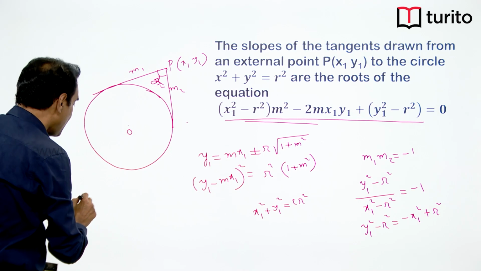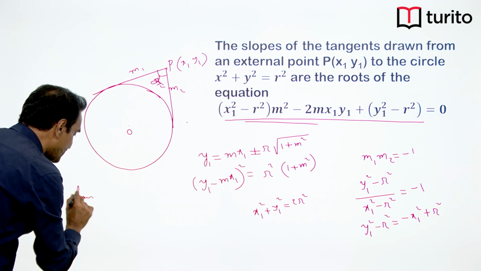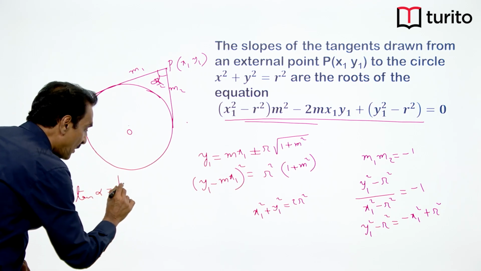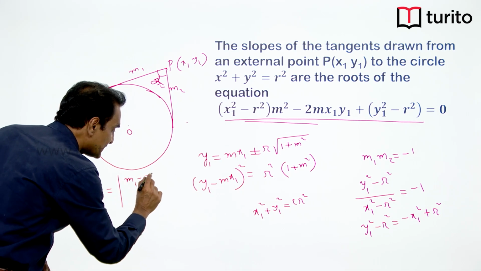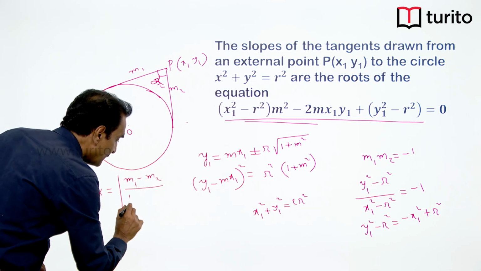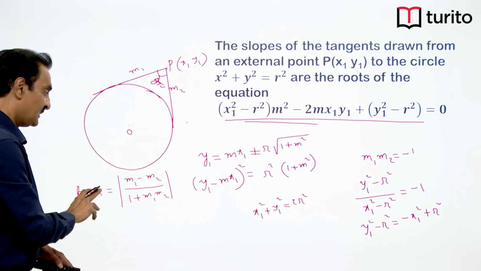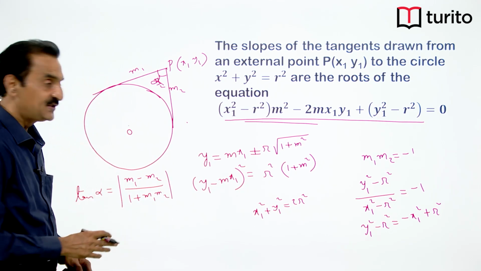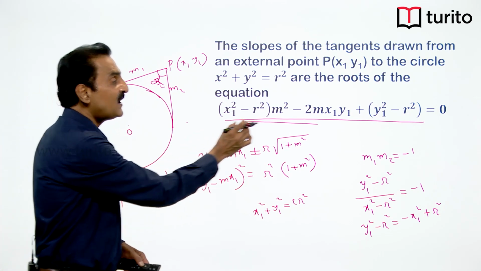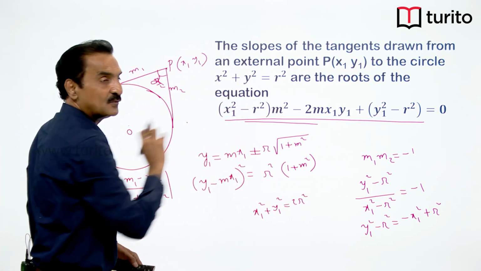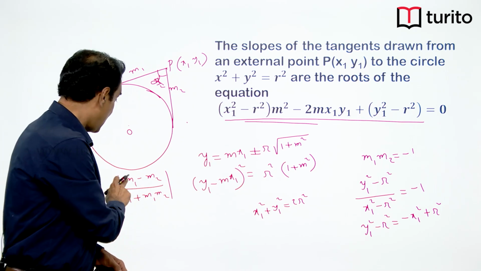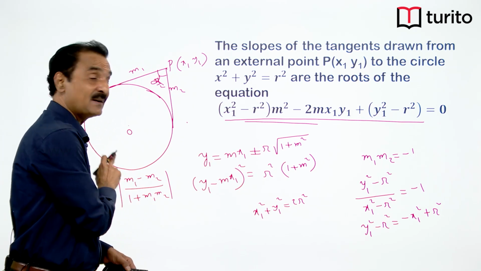If this angle is alpha, you know that tan alpha is equal to mod of m1 minus m2 by 1 plus m1 m2. Now, squaring on both sides and then substituting m1 plus m2, m1 m2 and m1 minus m2 from the quadratic equation.